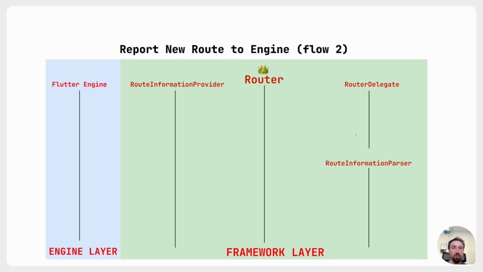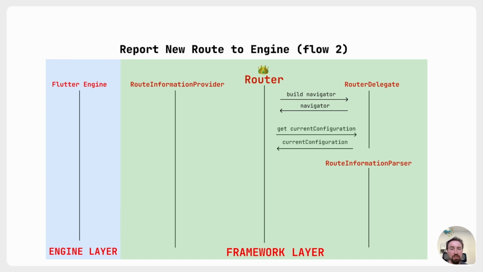In the second flow, the user presses a button which causes an update to the app navigation state, and as a result, the Router widget is marked as dirty. Then the build method of the RouterDelegate is called by the Router widget. The Navigator widget is returned back to the Router.